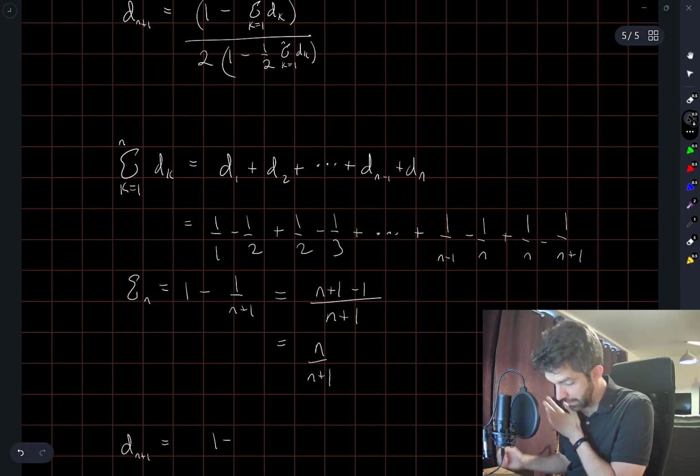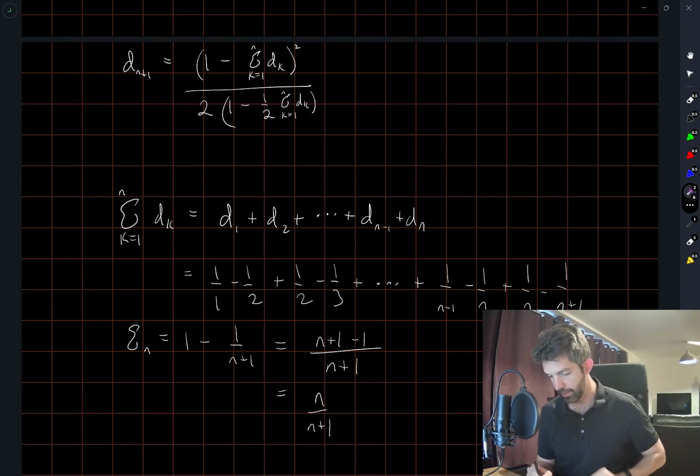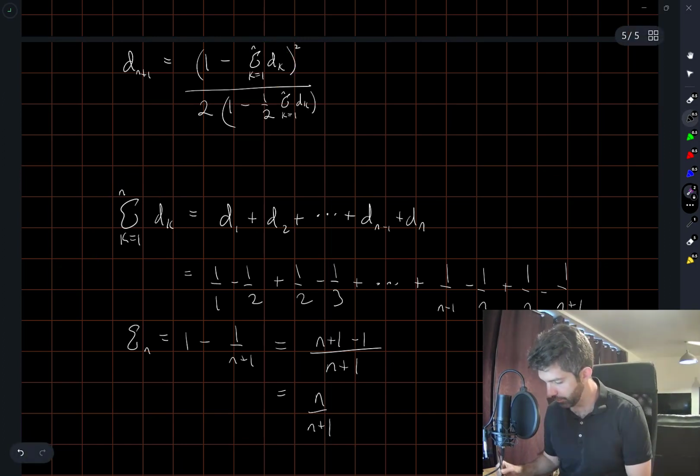Oh, missing a factor of 2 again. Jeez. Well, no, this thing here is not written in terms of the sigma subscript n. It's written directly in terms of the sum, so I can do the substitution here.